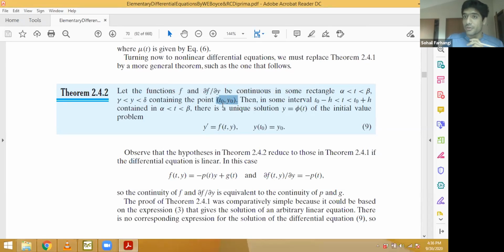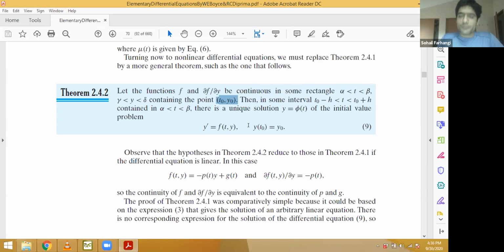That's going to turn out to be our initial condition. Then, if this happens, in some interval t0 minus h, being smaller than t, being smaller than t0 plus h, so some interval around t, contained inside of the interval we started with, there is a unique solution, y equals phi of t, of the initial value problem, y prime equals f of t comma y, with initial value y of t0 equals y0.